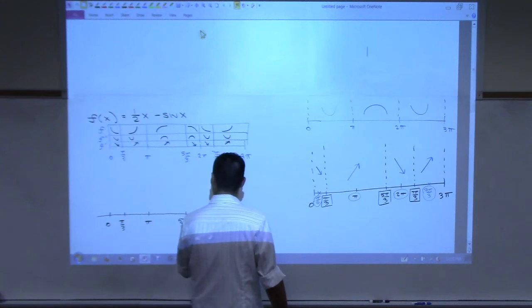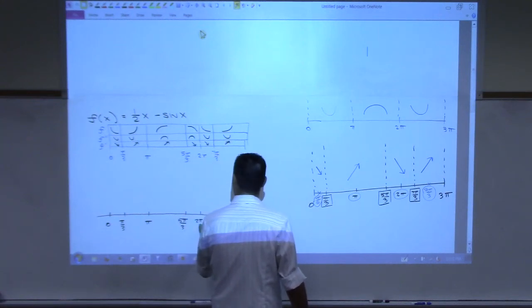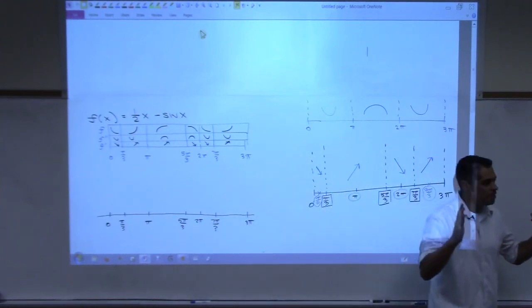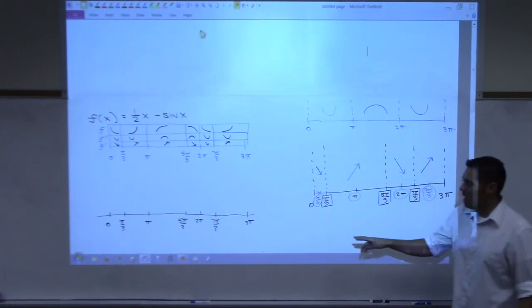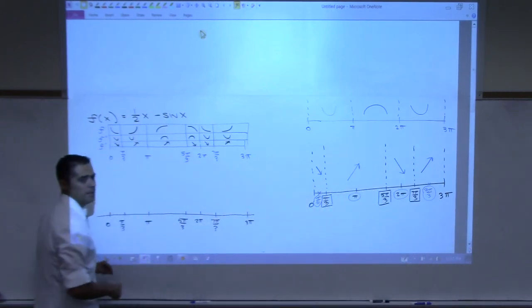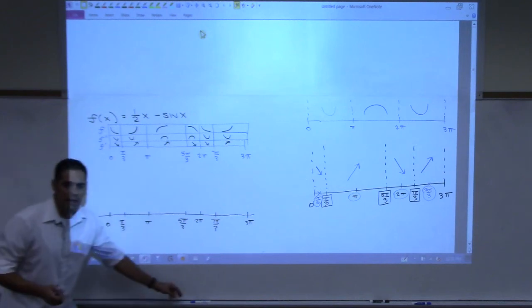The one on the closed interval is literally just the same. The domain is given to you. We're not going to actually plug in 0 and 3 pi though, because we're not allowed to. Why aren't we allowed to plug these two in? They're not included in the domain. So I'm going to plug in right now.